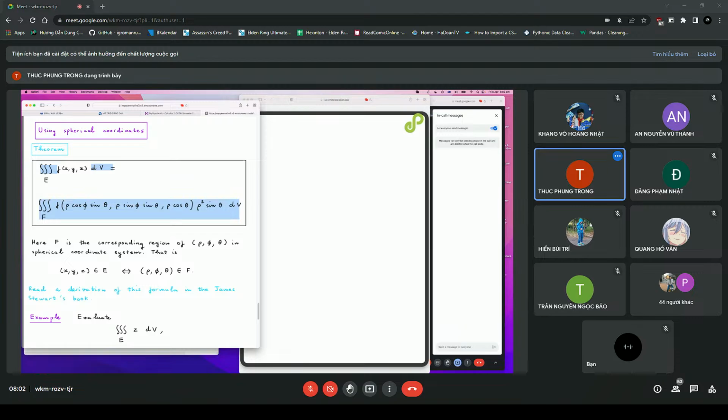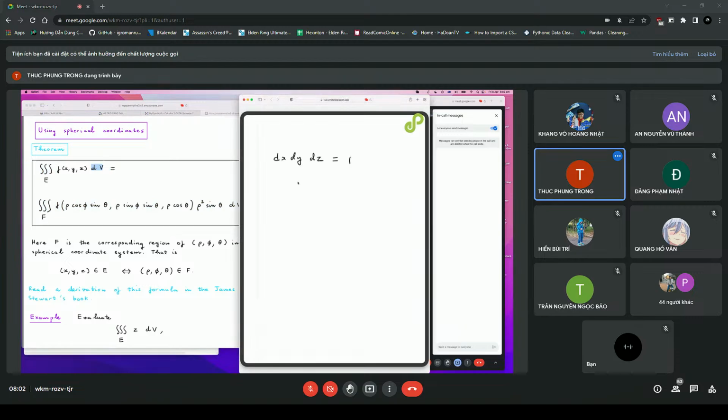This is the key thing in this theorem, but I'm not going to prove that. So we had this formula. That's why we have the term rho squared sine theta right here. dV on one side you would think of as d rho d phi d theta, and dV on the other side is dx dy dz.